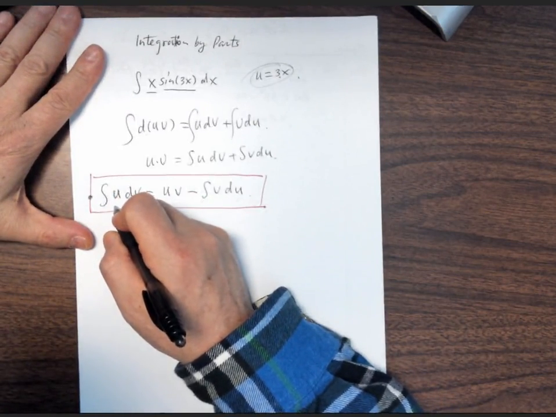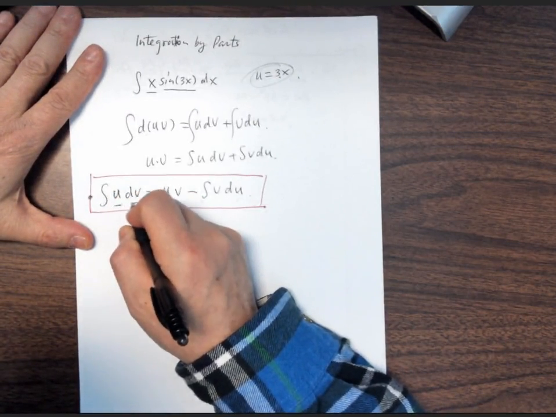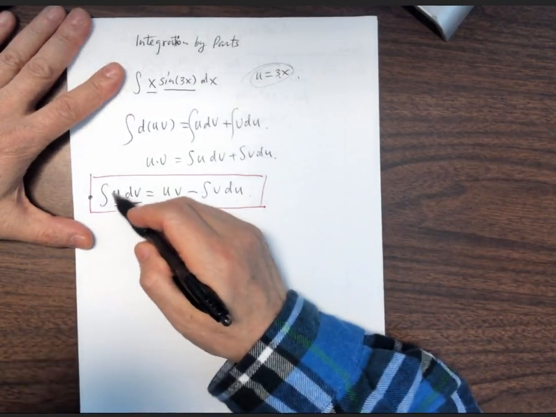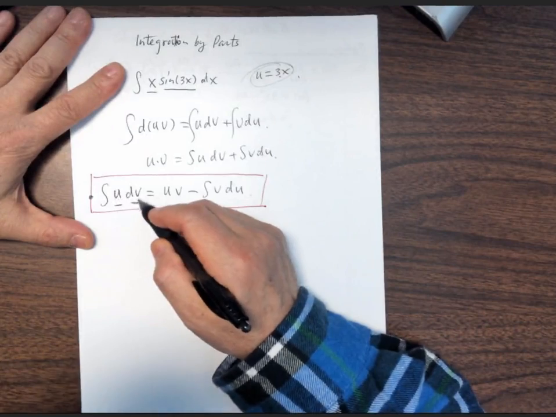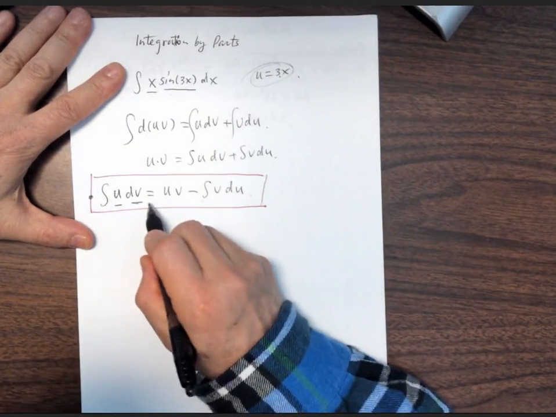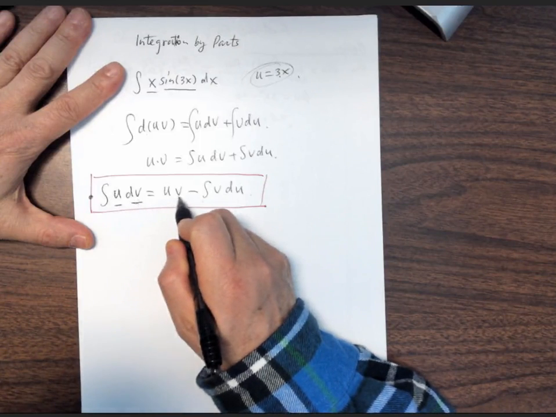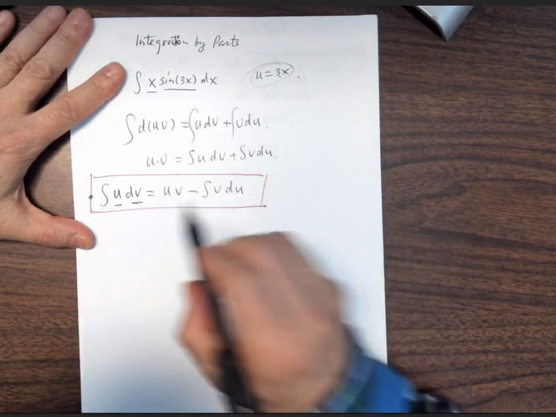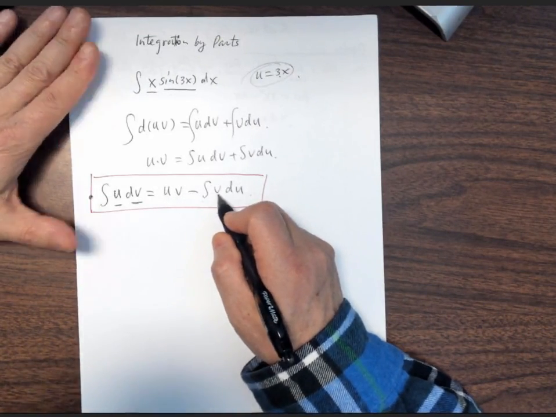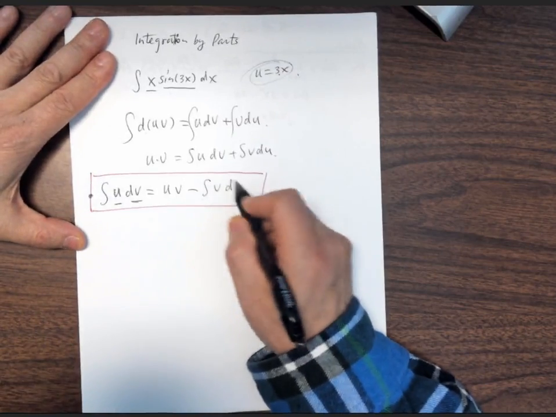Given the integral you see here, on the left side you start out, there are two parts. One part we consider u, the other part is dv. In order to apply the formula, you have to be able to determine your v. So you have u times v minus the integral of v du, and you can set up this integral.